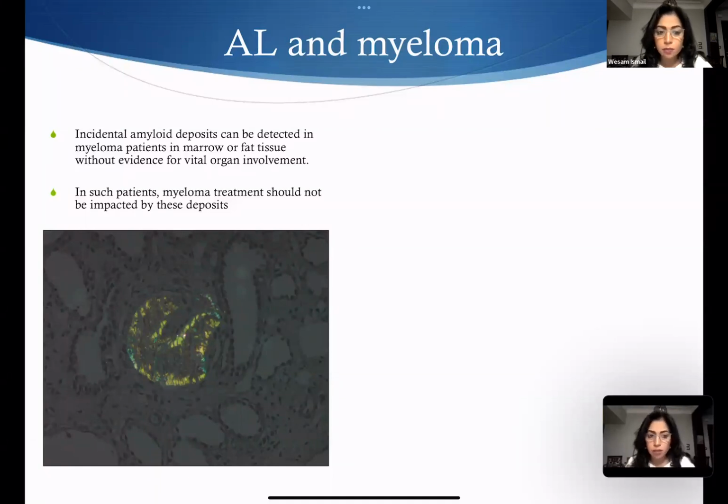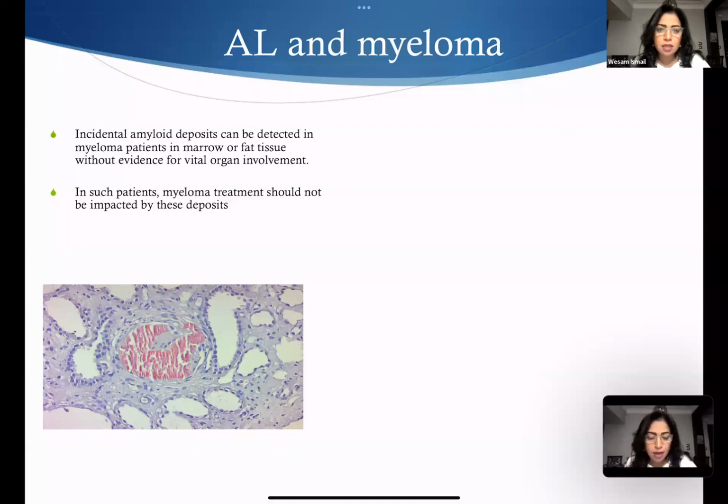And as you can see in these pictures Ahmed showed you, you have an amyloid positive cast. An amyloid positive cast is still a cast nephropathy. It does not categorize the patient as having amyloidosis. This is very important, as I mentioned again and again, because it is a very important prognostic factor in the prognosis and management of these patients.